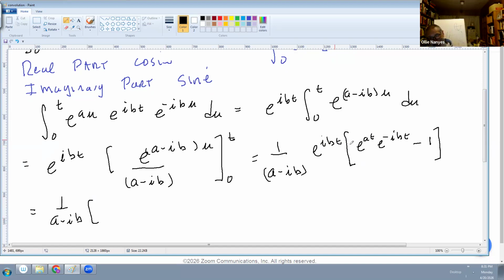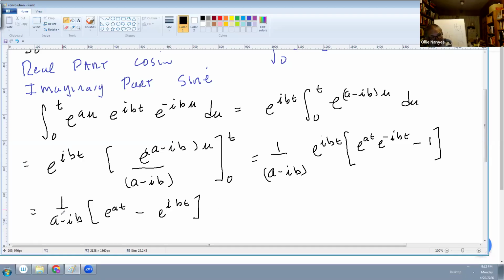So this e to the positive ibt times that, well, we just get e to the at there, which is really easy to evaluate, minus e to the ibt. Okay, so we're actually very close to being done.